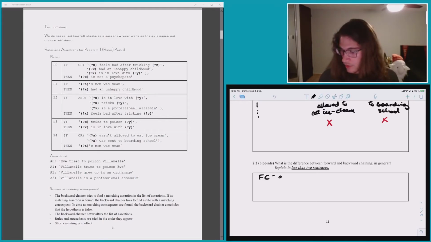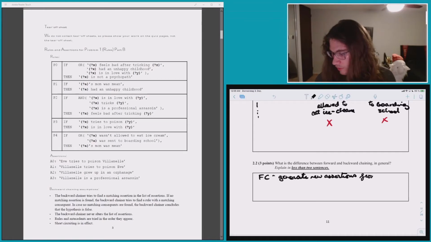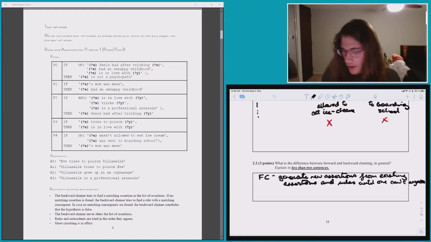Forward chaining, you generate new assertions from existing assertions and rules, until you can't anymore. Pardon the handwriting. So let me write down backward chaining, and then I'll discuss the difference a little bit more in depth.